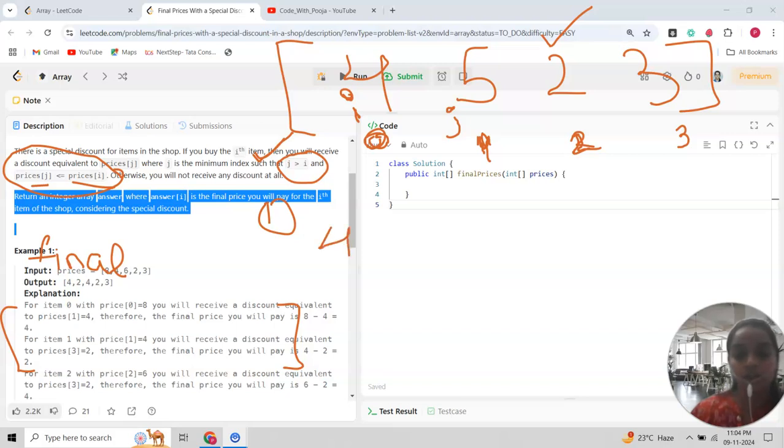It will get the equivalent amount of discount, like j minus 2 equal to what? 2. It means for the final amount, that is 4, for the item 1 we will get a discount equivalent to price j, that is 1.